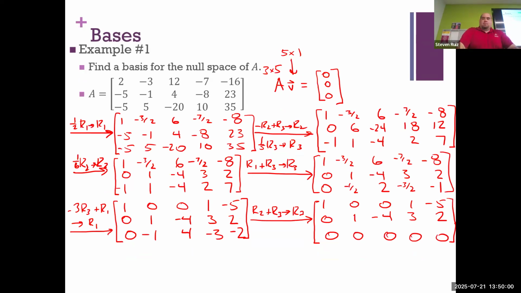What do these two rows tell us? We know what x1 and x2 are, sort of. We can say them in terms of other things. What's x1 equal to? Minus x4 plus 5x5.